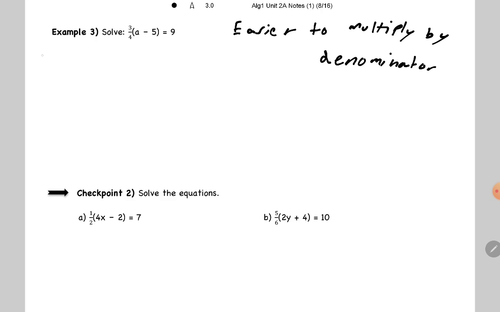So I'm going to multiply both sides by the denominator. So 4 times 3/4 times the quantity a minus 5 equals 9 times 4.